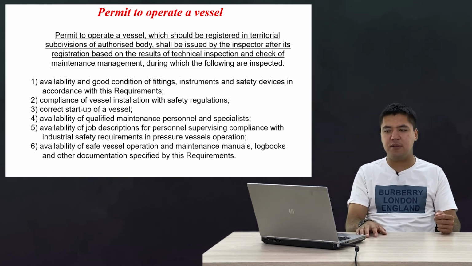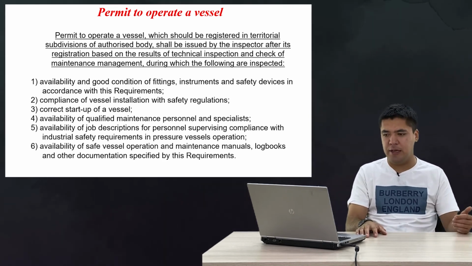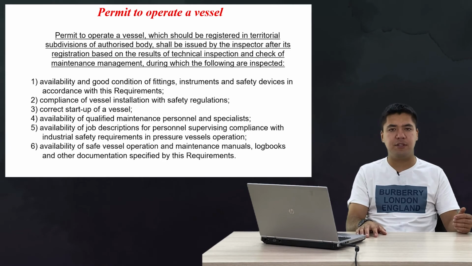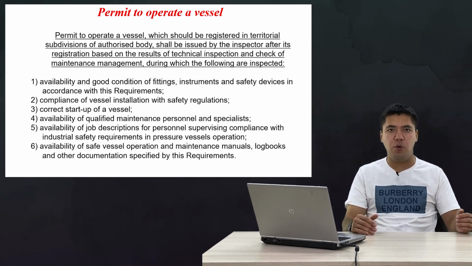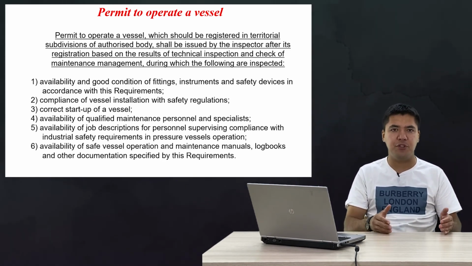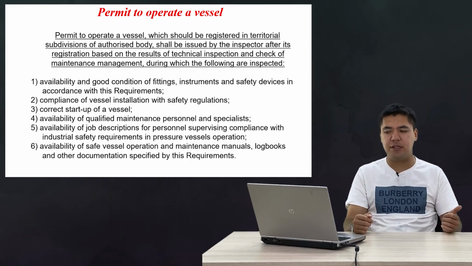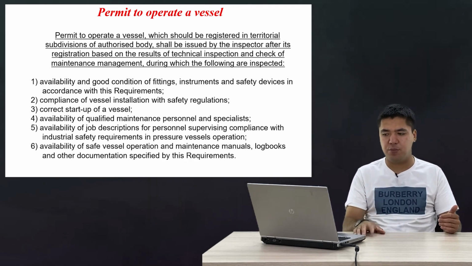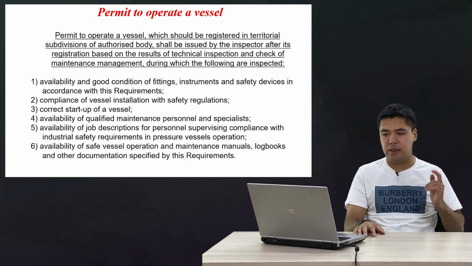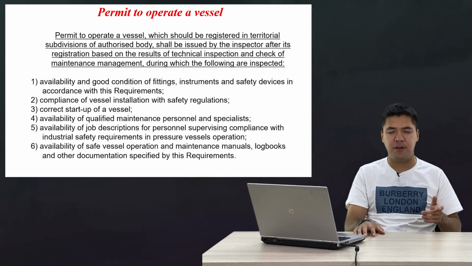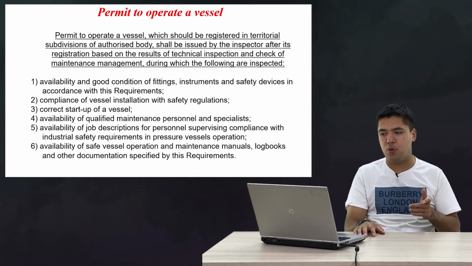Then correct startup of vessel, commissioning. Then availability of qualified maintenance personnel. Only trained personnel who have finished this training and passed the exam with positive results can work with pressure equipment. Then availability of safe vessel operation and maintenance manuals, logbooks, and other documents specified in ROK requirements.